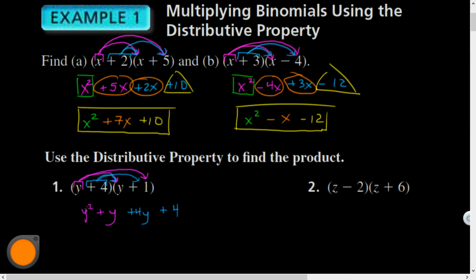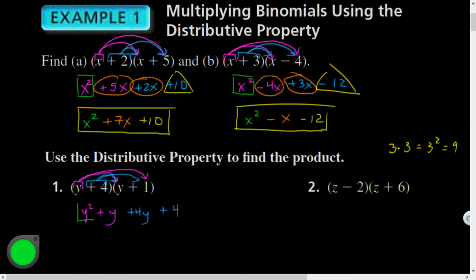Squaring something literally meant multiplying it by itself, just like 3 times 3 is 3 squared, which is 9. Y times y would be y squared, and I can't simplify that any further. So you'll just have to remember that when I multiply a variable by itself, I just add the exponents.